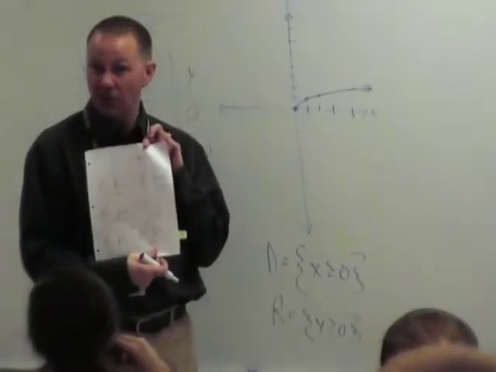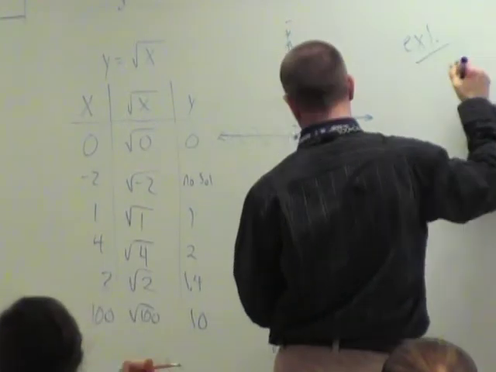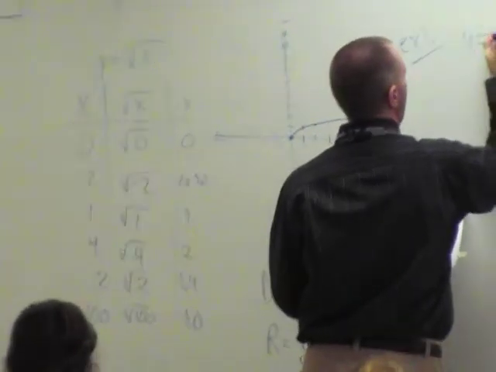Example 1. Y equals 5 times the square root of x. I want you to graph it, and I want the comparison graph on there as well. And I want you to write the domain and the range.